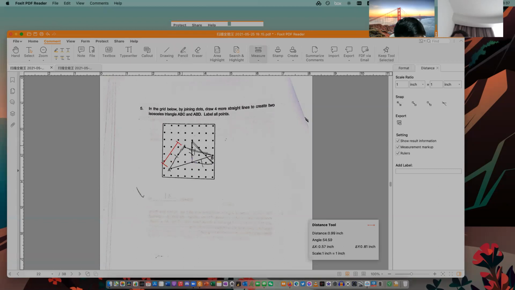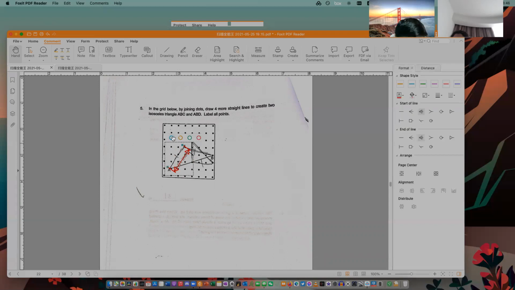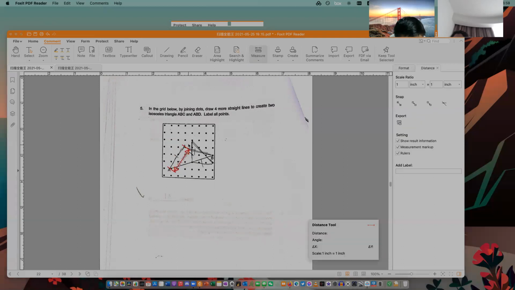If this length, it says something, I cannot read. It's 1.01 inch. Let me change to read. So over here is 1.01 inch. Similarly, if you can get this side to be 1.01 inch, then you should be okay.